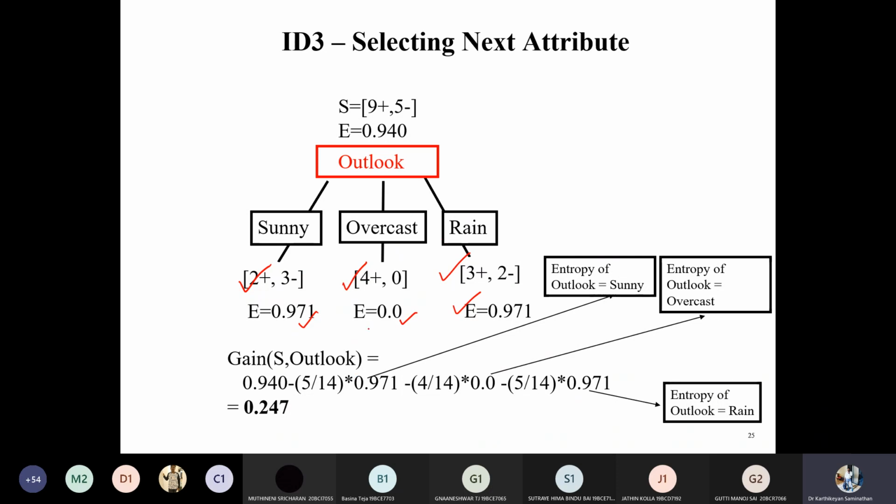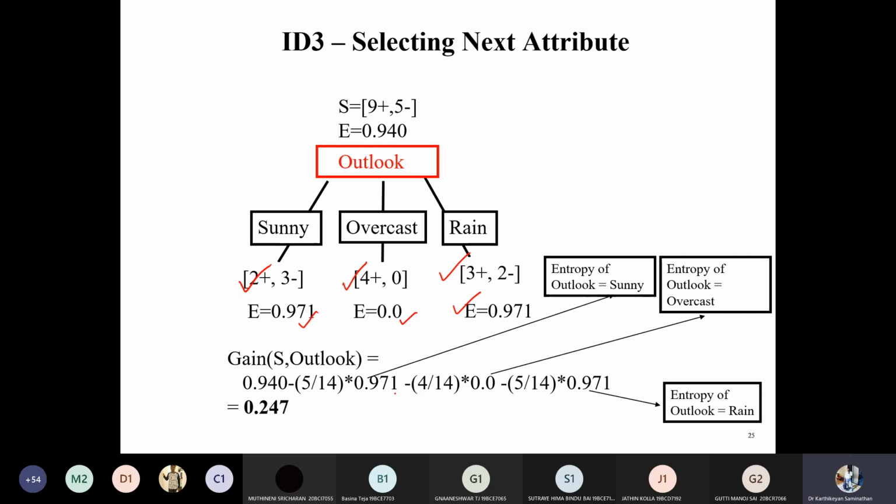So now what I am doing is calculating with my value. My entropy value is 0.94. So 2 plus 3 is 5, so 5 by 14 overall. 5 plus 4 is 9, 9 plus 5 is 14. So that is this 14. Positive is 5 by 14 into 0.971, the entropy of sunny.